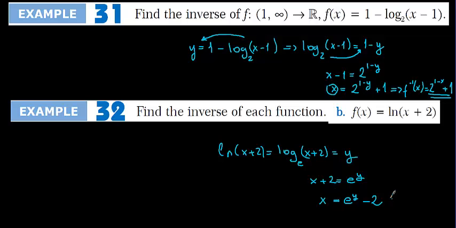When you get x alone, the function that you find on the other side is f inverse. So f inverse of x is equal to e to the power of x, minus 2. The minus 2 is not in the power, it should be outside, sorry.